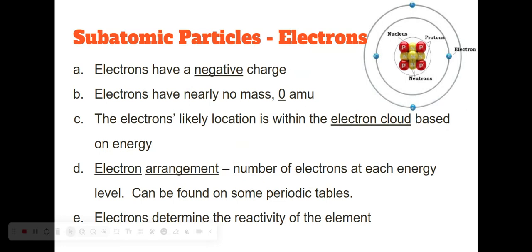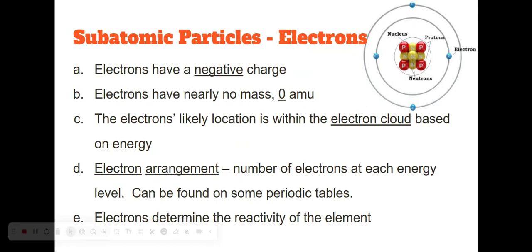Electrons have a negative charge. They are found on the outside of the atom, or outside of the nucleus of the atom, in a space that's termed the electron cloud. In the drawing there, you will see rings. Now, we use those rings to be called energy levels.